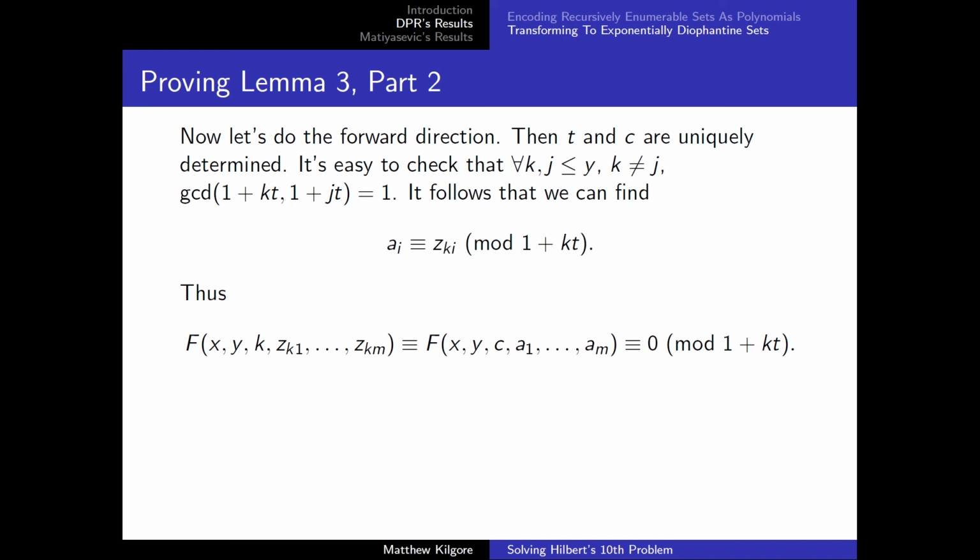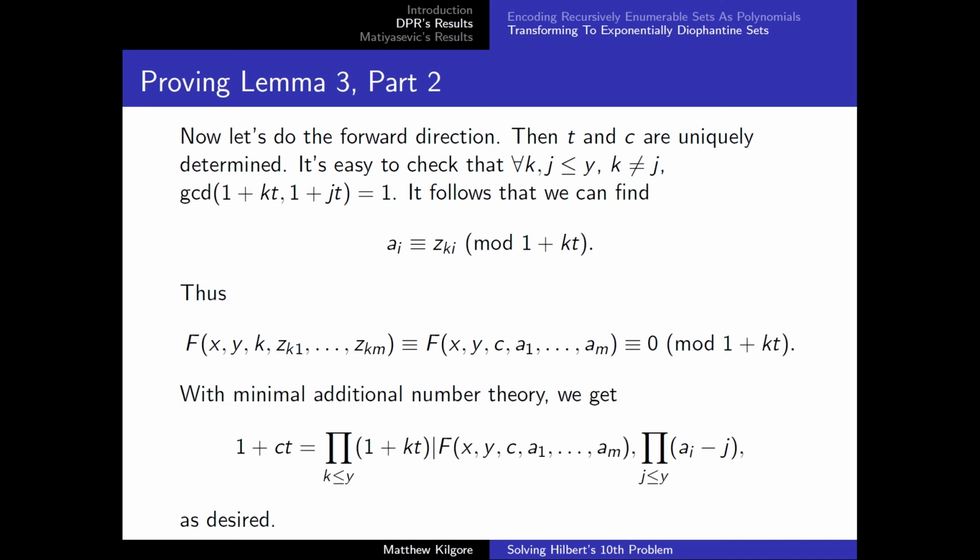equivalent to f of x, y, c, a1 through am, equivalent to 0. This time it's mod 1 plus kt. Since there are restrictions, and with additional number theory, we get 1 plus ct equals the product of... Actually, we don't need that identity.